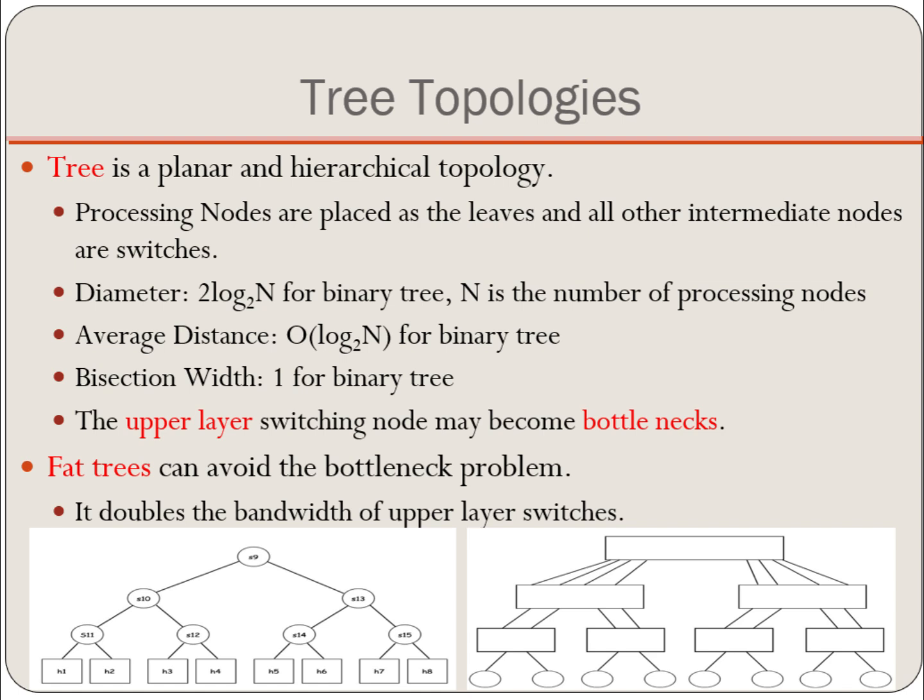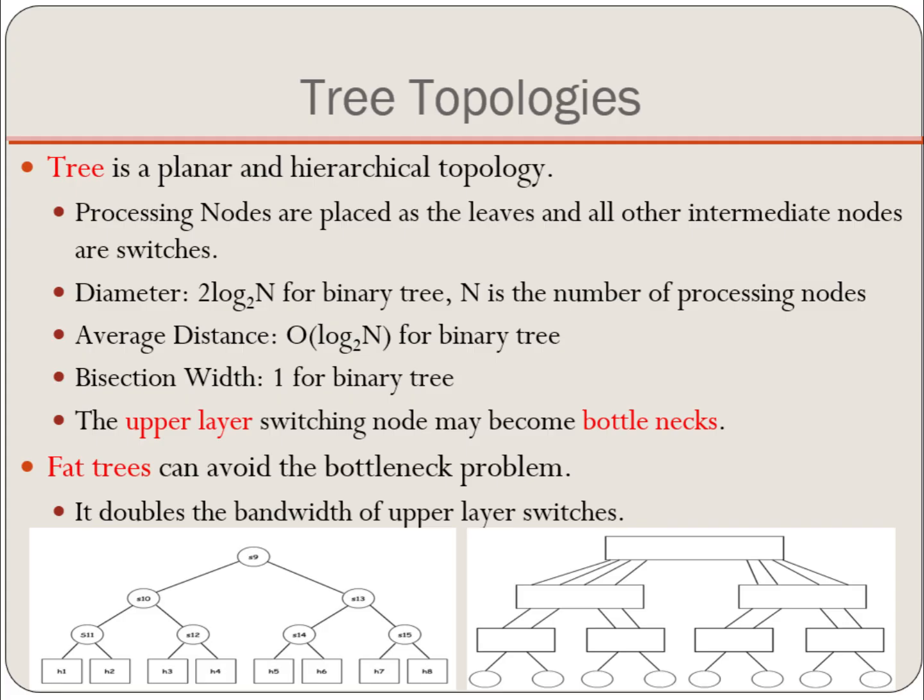But the disadvantage is that the bisection width usually is 1. Because if we remove these two links, then the system becomes 2 independent disjoint parts. Or even if we remove 1 link, this part and this part become disjoint, and the sizes of these 2 parts will be almost equal, with a difference of only 1.